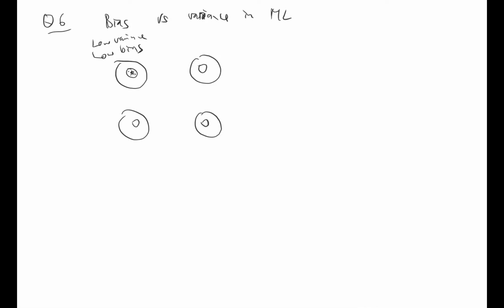On the other hand, if I shoot near the target, the average is near the target, but I'm going everywhere, this will be high variance and low bias.